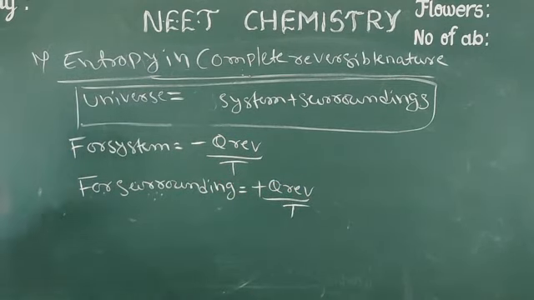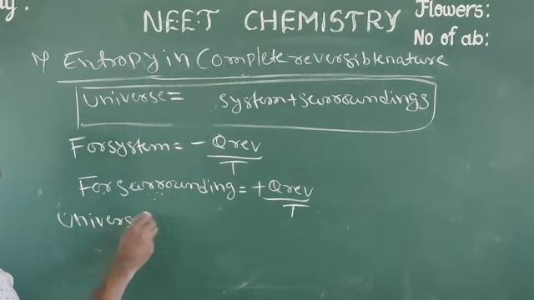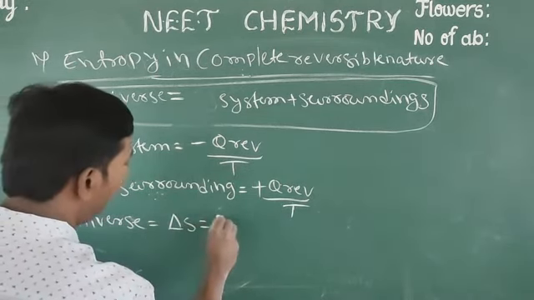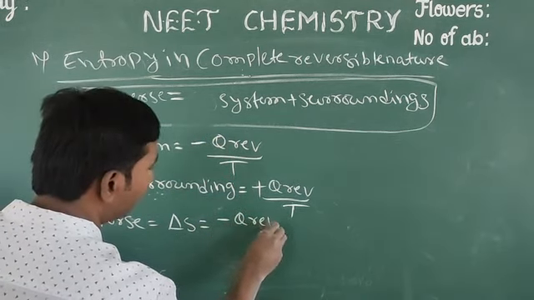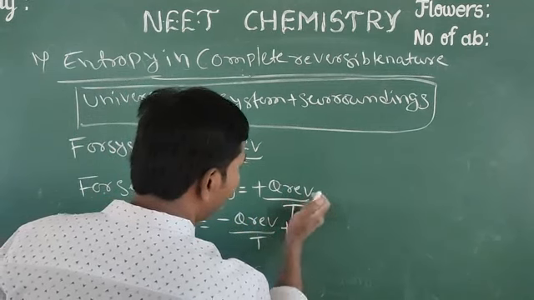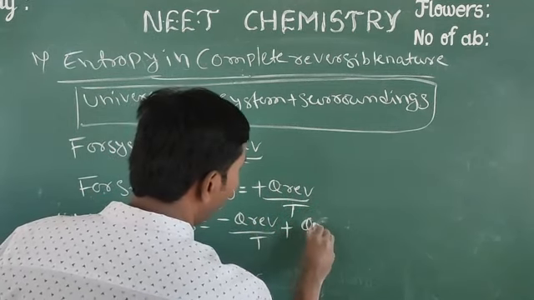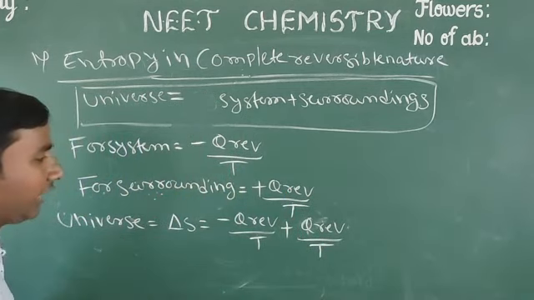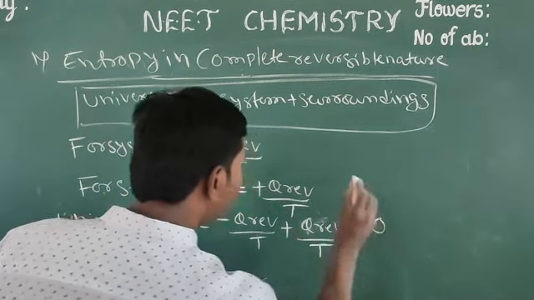Total universe del S equals minus Q reversible by T plus Q reversible by T. So minus and plus cancel, which means it equals 0.